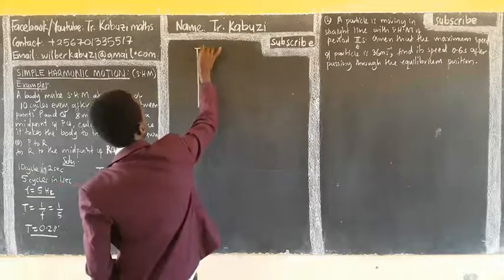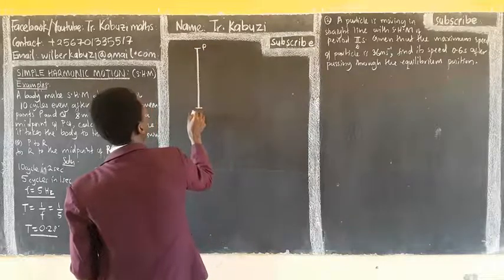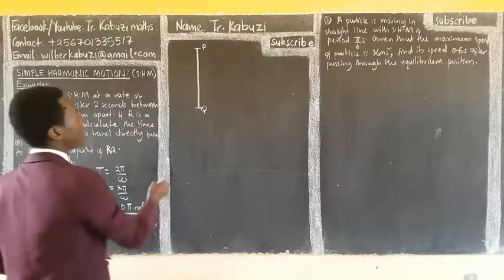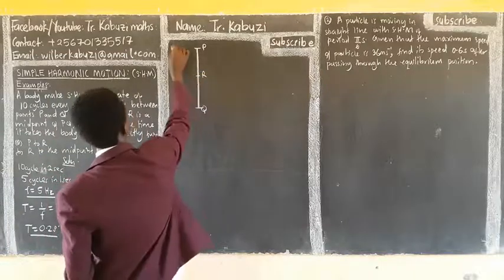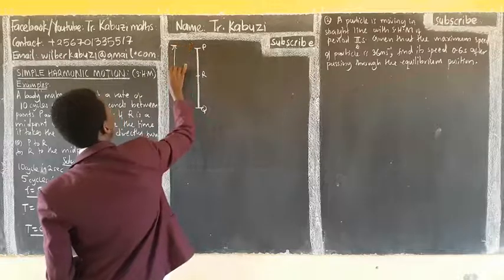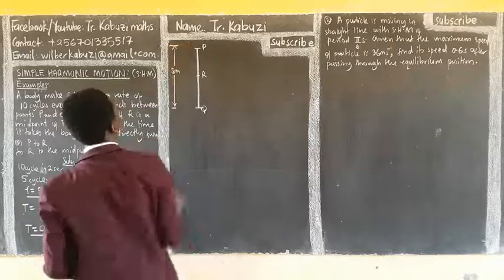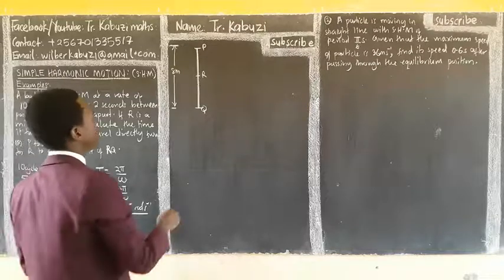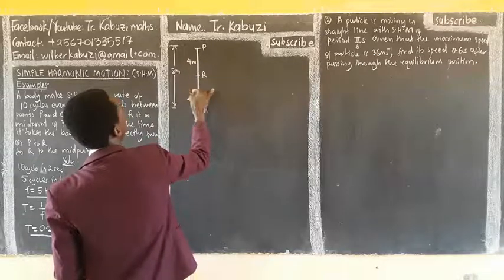I have from P to Q. Okay, this is my Q. And then you know that R is the midpoint of PQ, but these are 8 meters apart. So if they are 8 meters apart, it means that this one is going to be 4 meters, and this is going to be 4 meters.